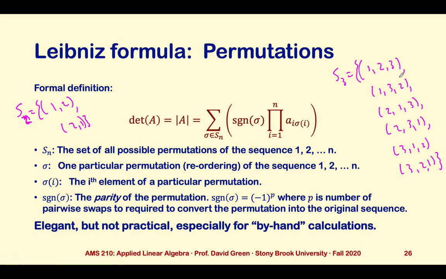Any single set of orderings from these is given the term sigma. So what we want to do here, this sum over all sigma from this set, means we want to add up a set of terms where we have one term corresponding to each element from this set.